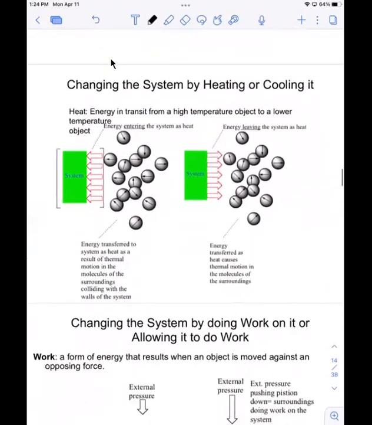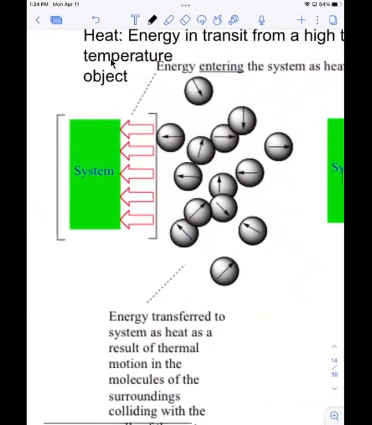If I heat or cool it, right? If the system is here, and I transfer heat to the system, right? Thermal energy, and the heat that's given off is given to the system. Obviously, the system has to be at lower temperature than the body that's transferring the heat.